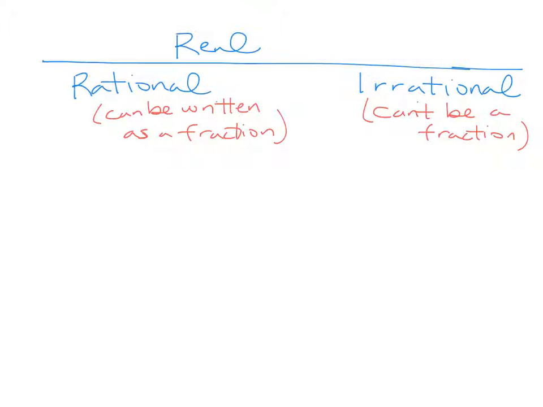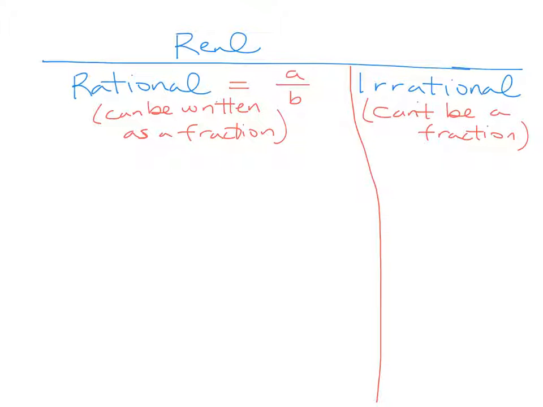Okay, so in the realm of rational numbers, anything that you can do as A over B is considered rational. Okay, but then there are these 3 subcategories to rational numbers.